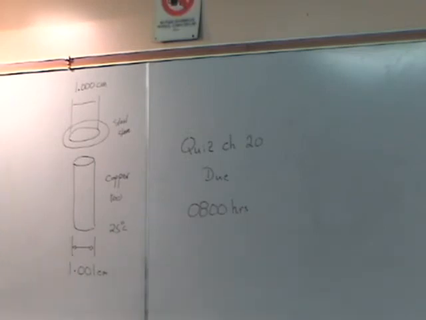So the key issue on this problem, I think, is to say, find the temperature at which the diameter of the rod equals the diameter of the sleeve. That's what I would say. In fact, my strategy: find delta T such that the diameter of the copper rod equals the diameter of the steel sleeve.